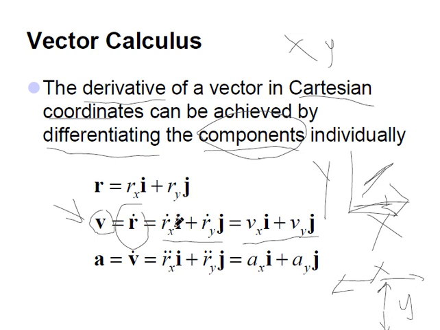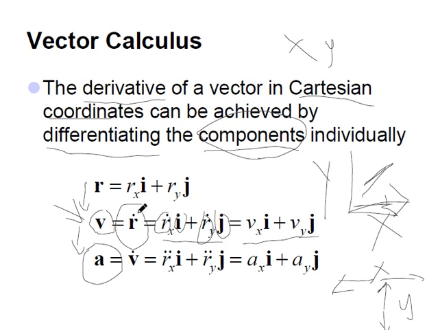So your direction is i and j, and the magnitude is given to you by the position. And of course, if you get the velocity, you can get the acceleration. So if you want velocity, you can differentiate position. If you differentiate velocity, you're going to get acceleration. And that's what we're talking about here.